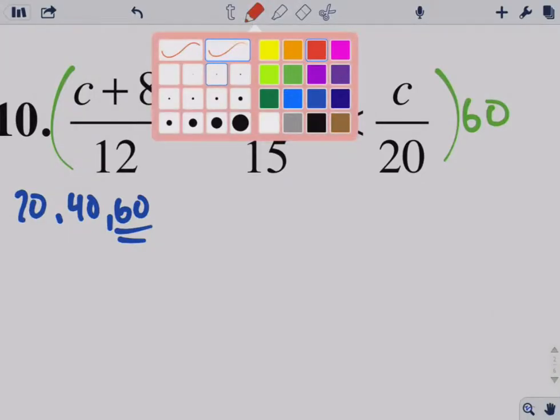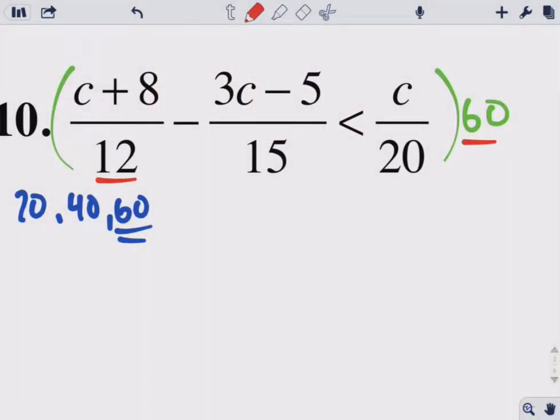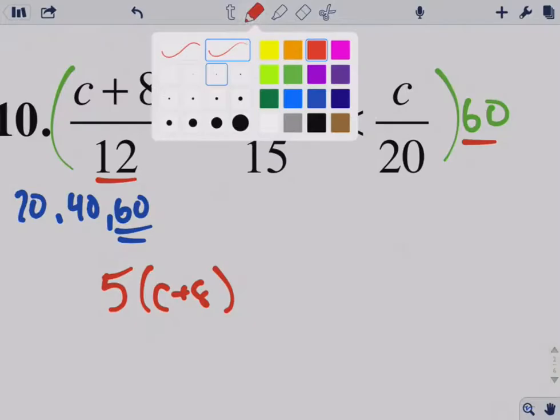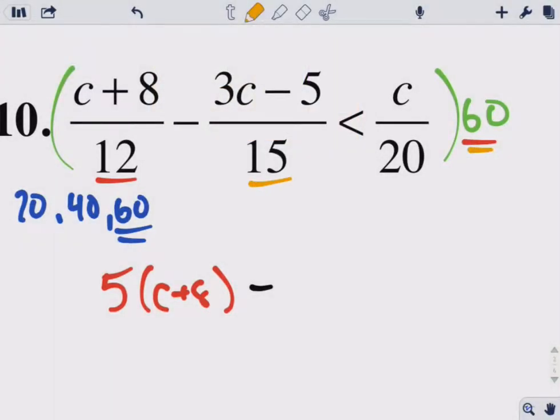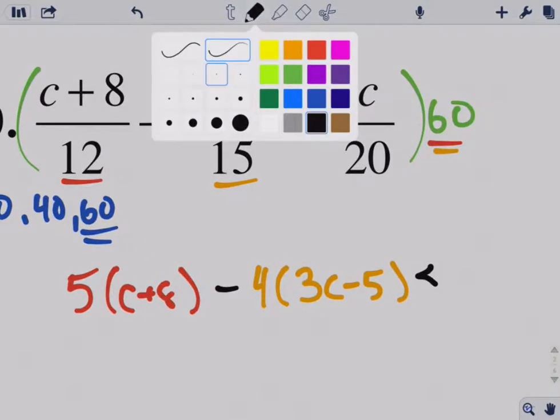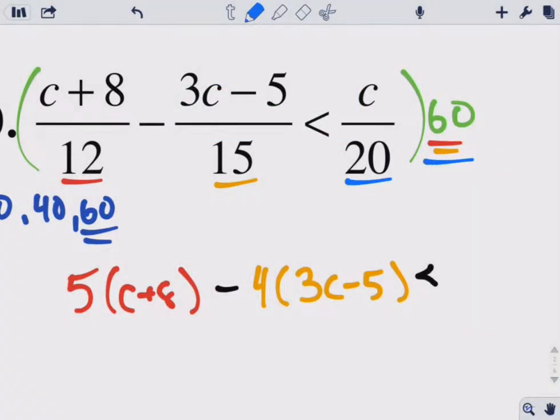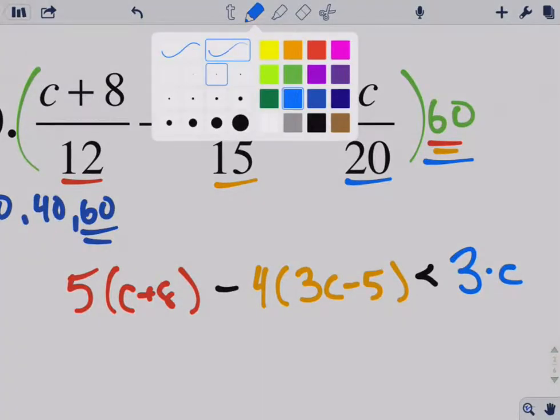And remember, we're going to look. 12 and 60 gives us 5 times c plus 8, minus 15 and 60 gives us 4 times 3c minus 5, is less than 20 and 60 is 3 times c. So let's take it from there.